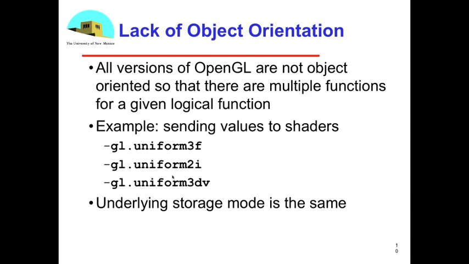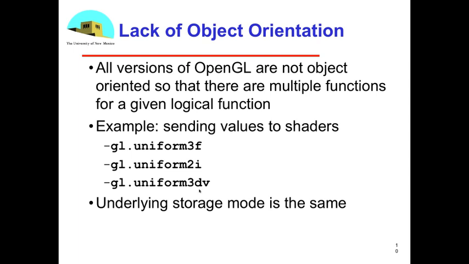Usually we can send 1, 2, 3, and 4 dimensional entities, as integers or floats. This is important for the GPU. Often underlying that, the storage mode is the same. So these refer to what the values look like in your program. And we'll see more of that.